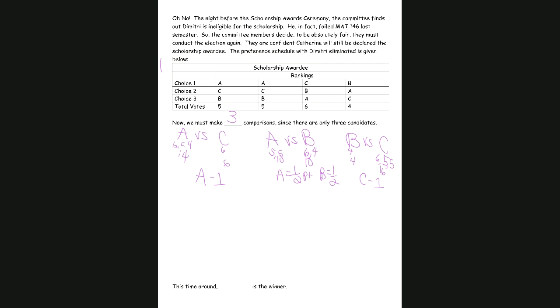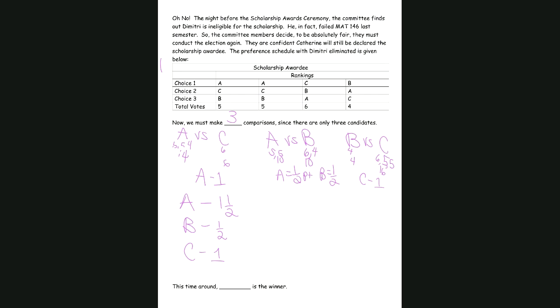We have Anastasia, Boris, and Catherine. Anastasia has 1.5 points, right? So 1.5. Boris has just 0.5 point, and Catherine only has 1 point. So what has happened since we've eliminated Dimitri? We've eliminated that comparison that Catherine had with Dimitri, which gave her an extra point, right?